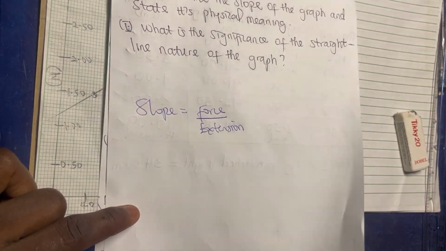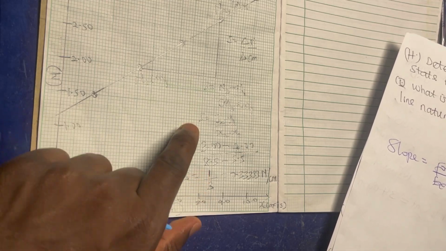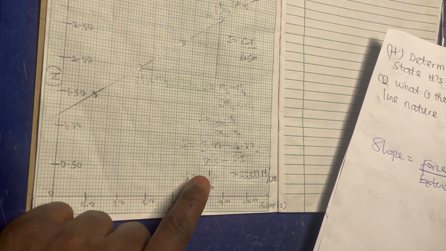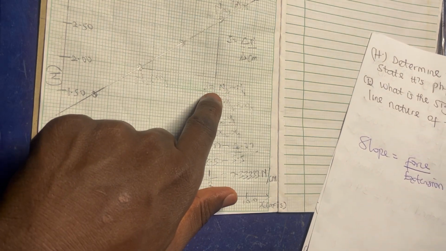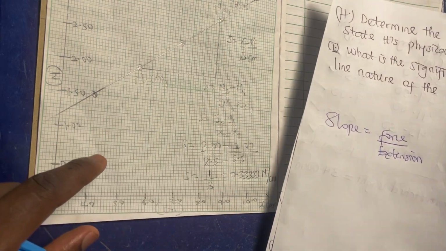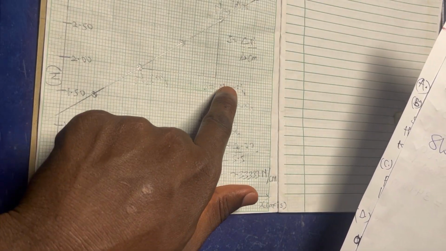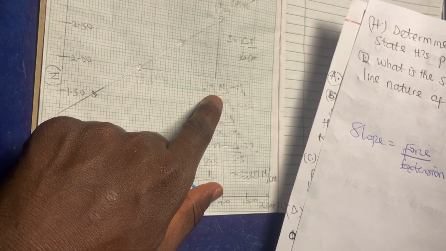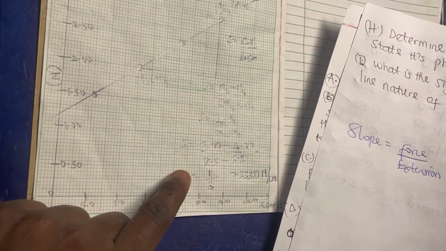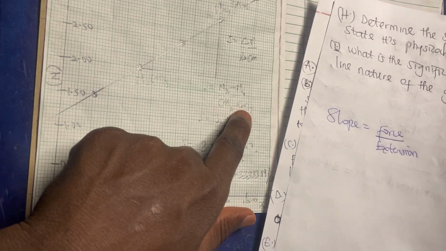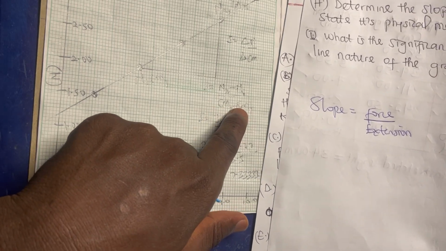As you can see, weight, force in Newton, is the N, all over the extension from the graph. So N is the force, we call it weight, then the cm is the extension.